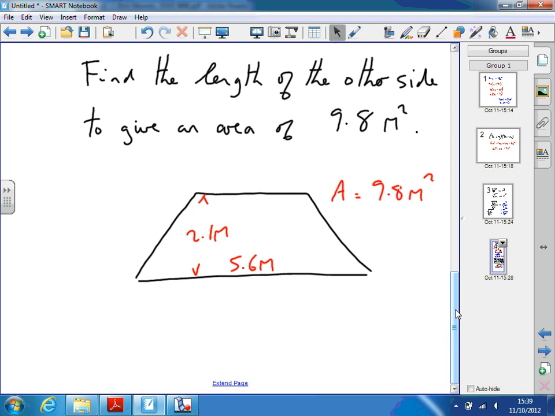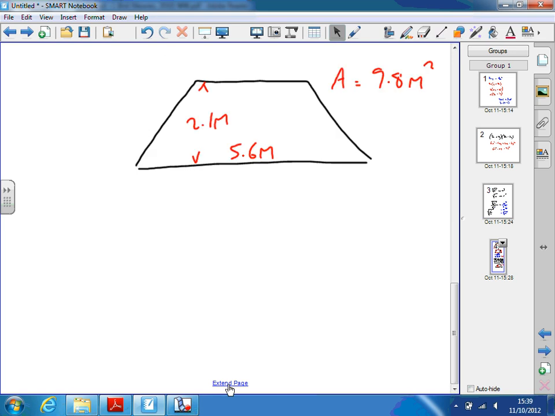What do we do next? Formula. Area equals a half (a plus b) times h. Now what? Right.